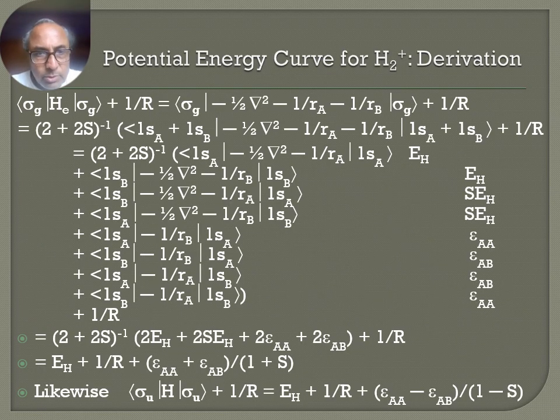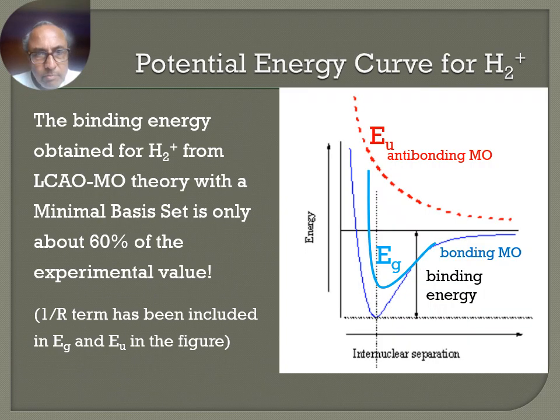I will not go through the detailed derivation, but if you want, it is outlined here on this slide. So with that, the binding energy that we obtain for H2 plus from LCAO-MO theory with a minimal basis set turns out to be only about 60% of the experimental value.